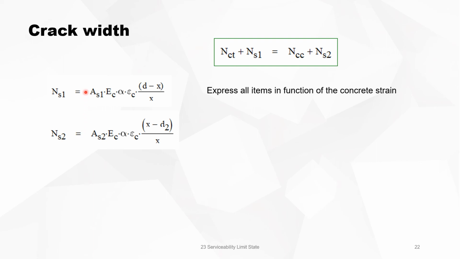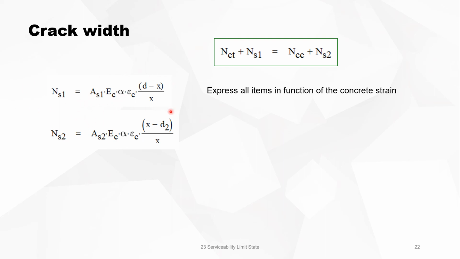It is just simple: the area of reinforcement times the stress in the reinforcement. The stress in the reinforcement is E_s times epsilon_s, and epsilon_s we derive from the similar triangles, and E_s is alpha E_c.